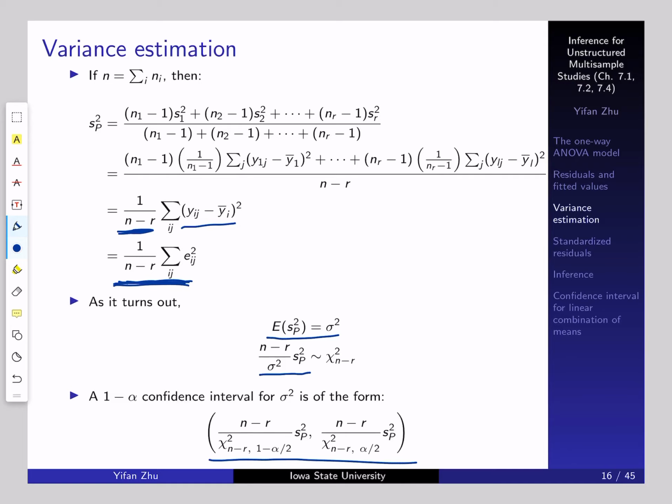Why? So we know that n minus r over sigma squared times Sp squared has a chi-squared distribution.